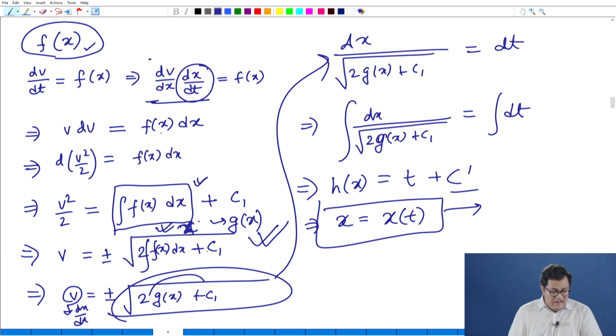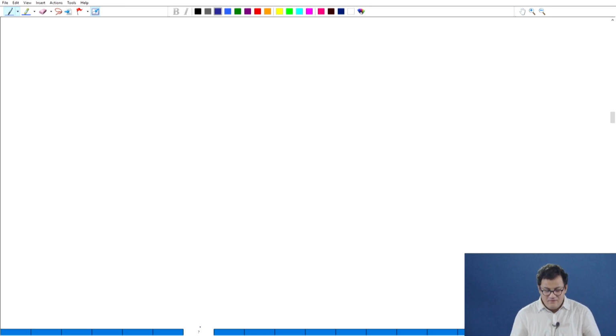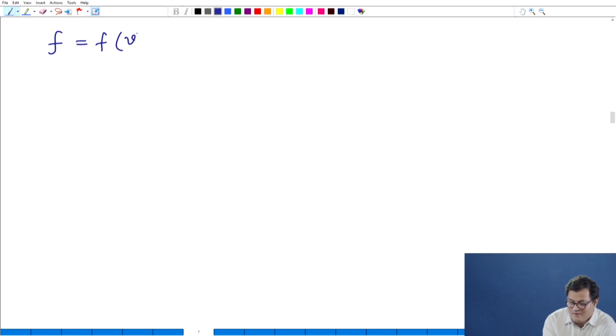And for example, the last one: if f is a function of v only, then what happens? I am just telling you the general strategy; the specific problems we will do later. Then I can simply say that dv by dt is equal to f of v. This case is also very easy.